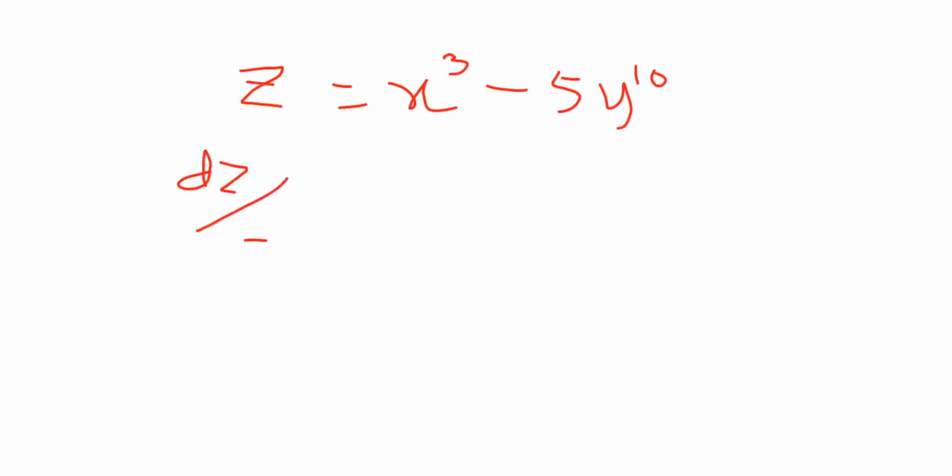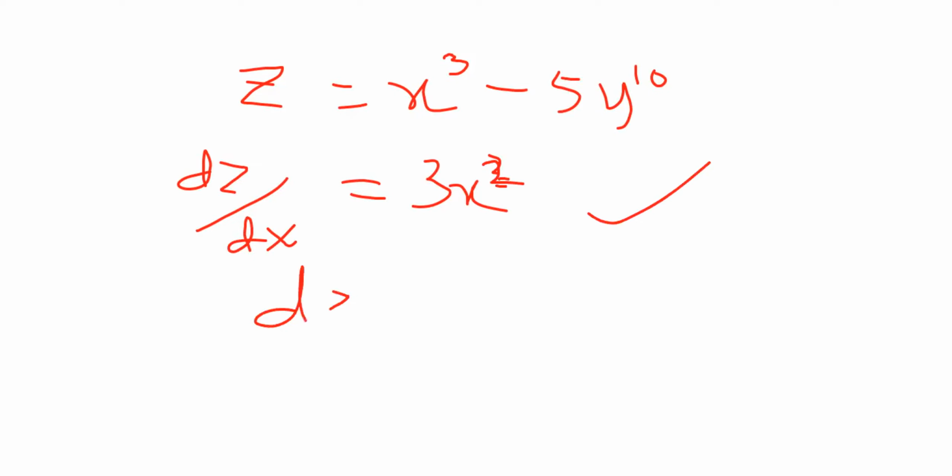So the question was z equal to x raised to power 3 minus 5y raised to power 10. So the z over the x is going to be 3x squared. Is there any y here? No. Is it what you got? Yes. Good.